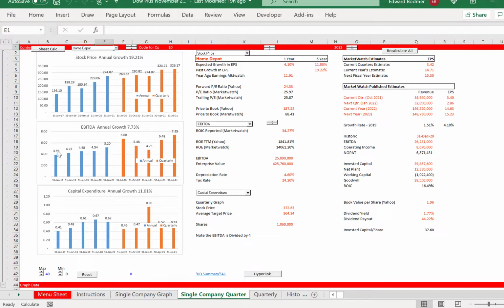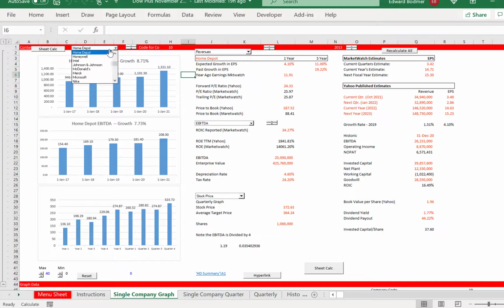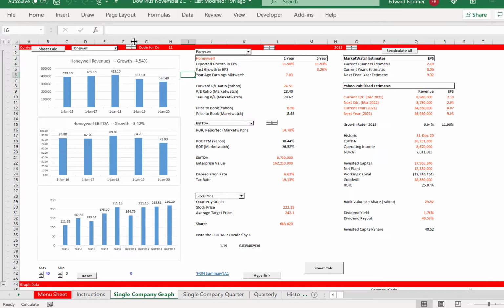I end up changing this kind of daily. Stock price 19%, EBITDA 7%. If you're not believing that the stock price has gone up by more than the inherent cash flow growth, that's kind of crazy. Now, every single time the expected growth in earnings is dramatic compared to anything to do with the EBITDA.